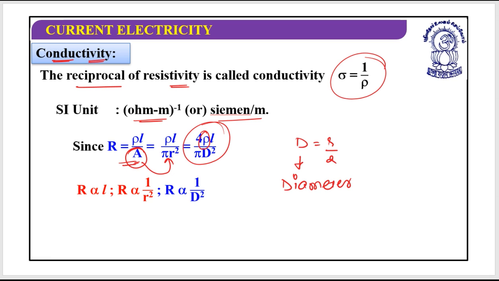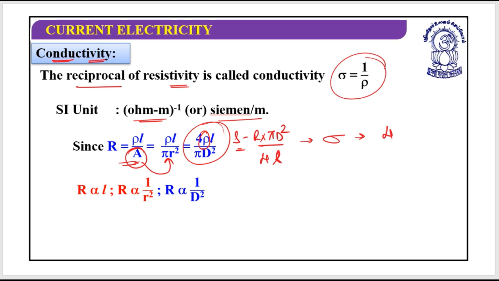From this, if I require the resistivity, it would be R multiplied by pi D square divided by 4 into L. This is the resistivity, and the conductivity would simply be 4L divided by R multiplied by pi into D square.